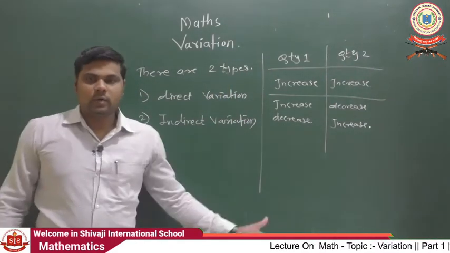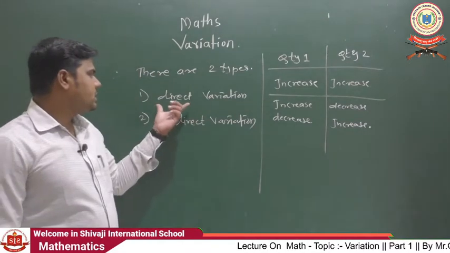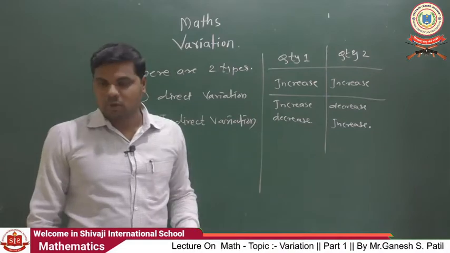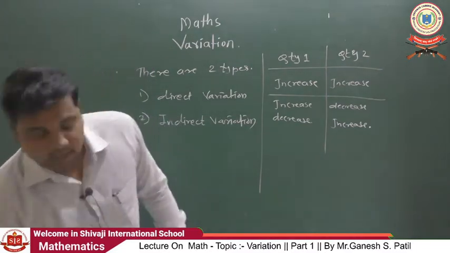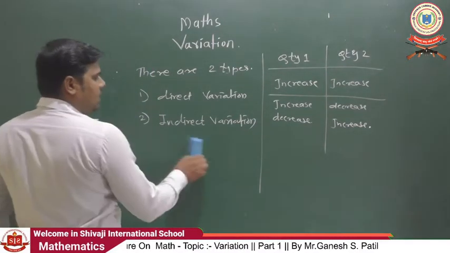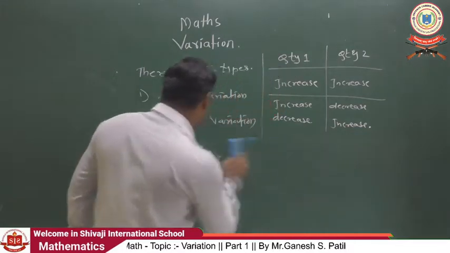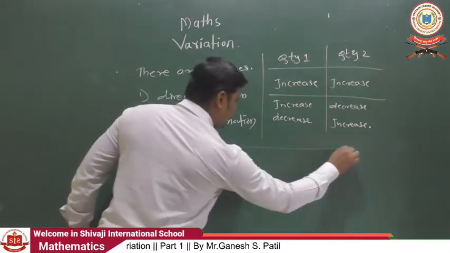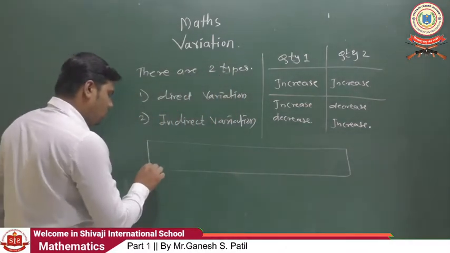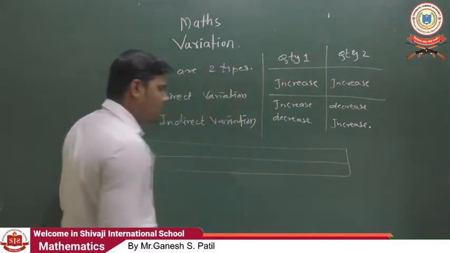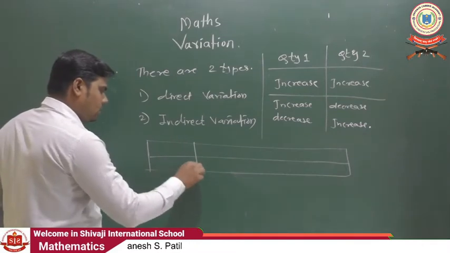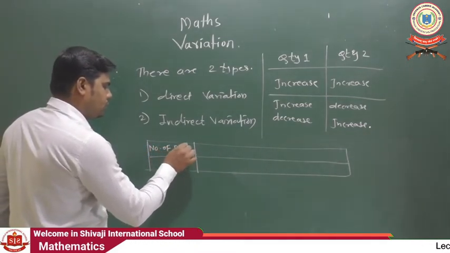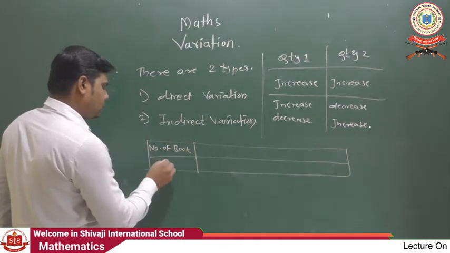Okay, now today we are just going to learn the direct variation concept. What is the definition? And see, now I have drawn here a table. I have drawn the table, number of books and here cost.